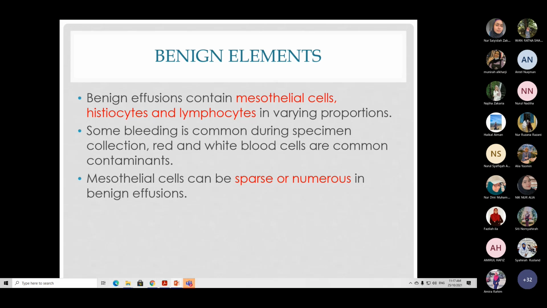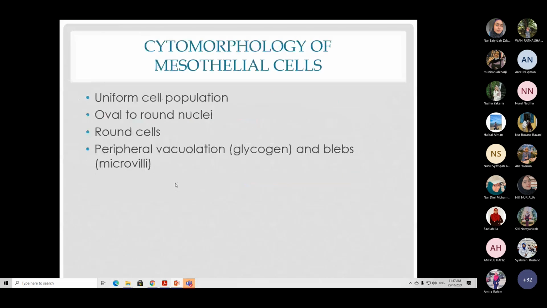So the mesothelial cells that have been collected can be sparse or numerous in benign effusion. Okay, so what is the morphology of the mesothelial cells? First, the cells are uniform. This is for normal cells.